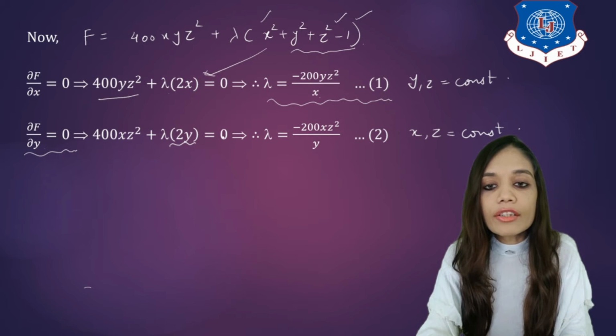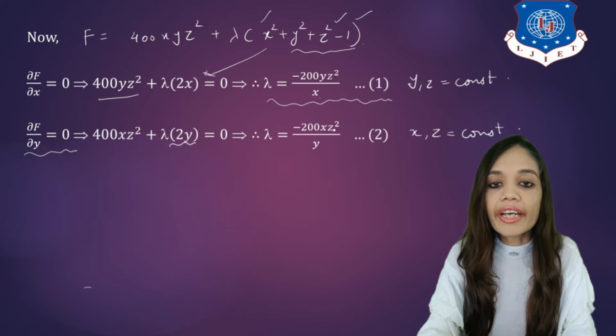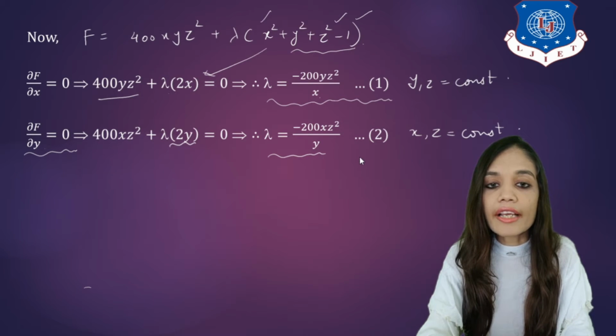Now equate it to 0 and make lambda as a subject. So lambda will be equal to minus 200x square upon y. Name this equation as equation 2.